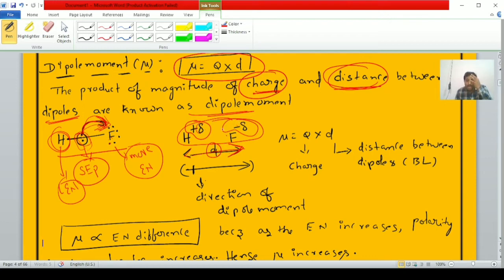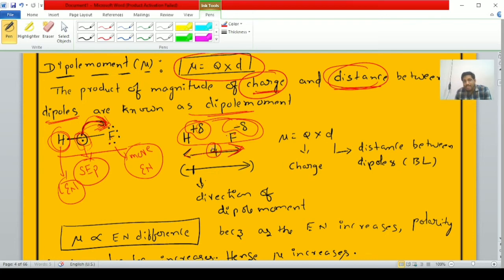For example, on hydrogen plus 30 coulombs, on fluorine minus 30 coulombs. Hydrogen plus 20 coulombs, fluorine minus 20 coulombs. Hydrogen plus 10 coulombs, fluorine minus 10 coulombs.